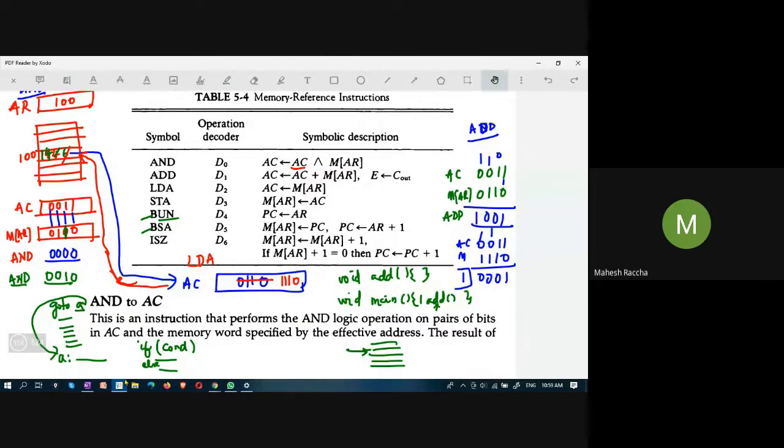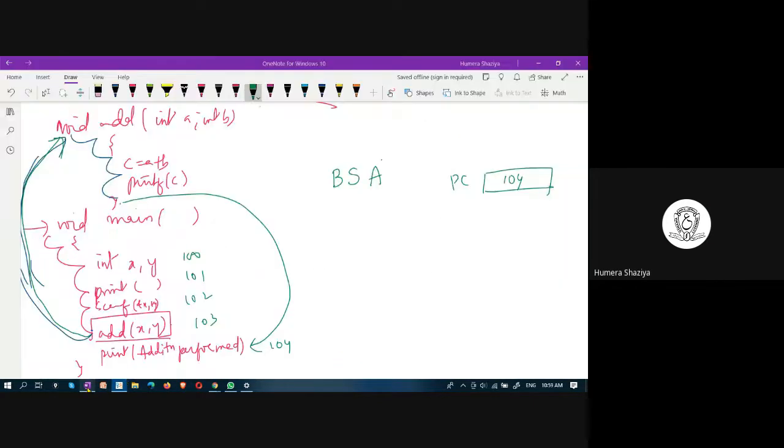Suppose you are executing this statement, then what does the program counter store? When you are executing this, what does PC store? Can anyone tell me? Next address, which is 101.